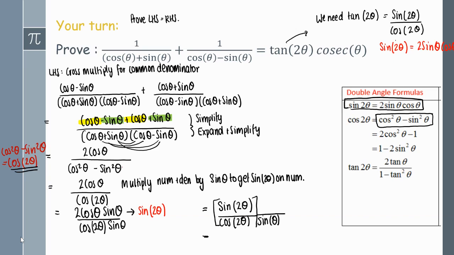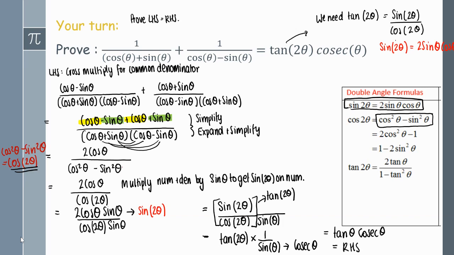That's going to give me my tan 2 theta. And remember that 1 over sine theta is really cosec theta. So that's how that fits in. Now, if I sub 1 over sine theta to be cosec theta, I get tan 2 theta times cosec theta. And in that way, my left-hand side equals my right-hand side, and I have proven this statement.